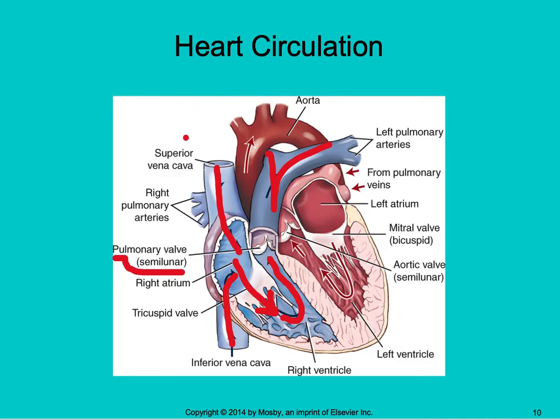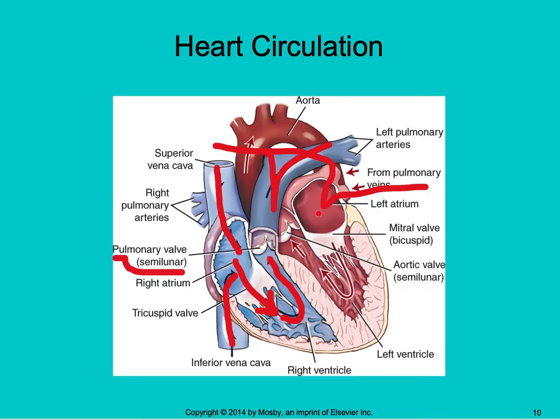Those go into the lungs, into the left lung, the right lung. The deoxygenated blood is exchanged for oxygenated. They come back in to the pulmonary veins. So the right pulmonary vein, the left pulmonary vein, into the left atrium.